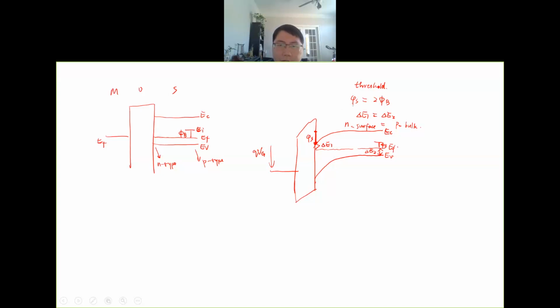But this is not the gate voltage you apply. It's not this 2 phi_b, because the gate voltage V_g is dropped across the oxide and the semiconductor. So you have another V_ox here, which is the voltage drop on the oxide, plus this bias. So this is the energy band diagram in the MOS structure.